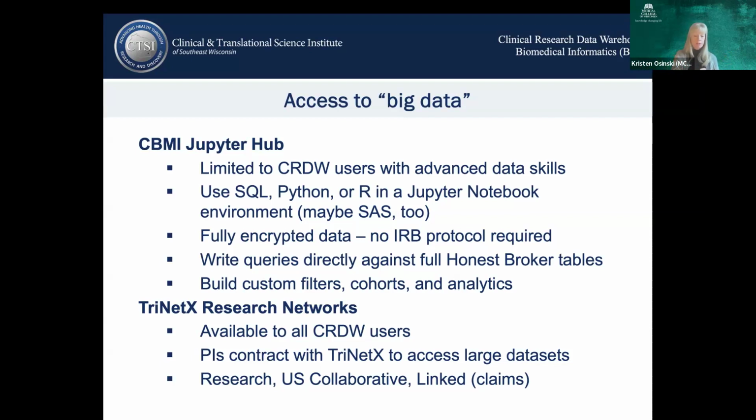There's a US collaborative. There is a linked research network that links our patients through privacy preserving record linkage over to some claims data that they have. It's not a very large network, but it's there. And we also have a network called Diamond that's a little bigger than Linked, but does some different things.